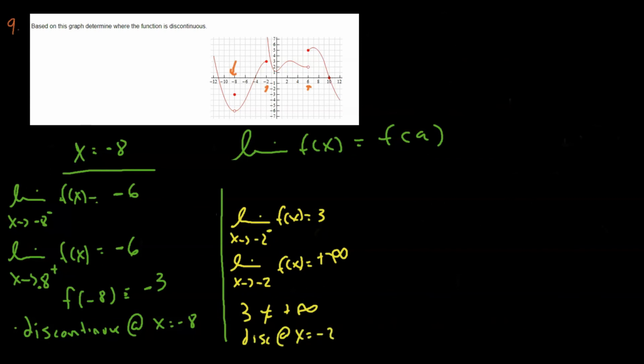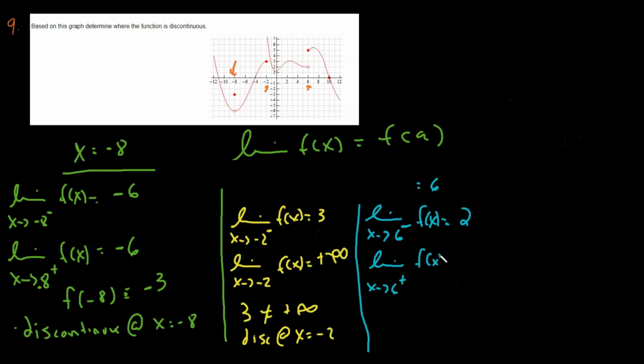Let's go for our next point of 6. Limit as x approaches 6 from the left. F of x, we use this segment here, it's approaching this value of 2. Limit as x approaches 6 from the right. So we use this segment, we approach 6 from the right.